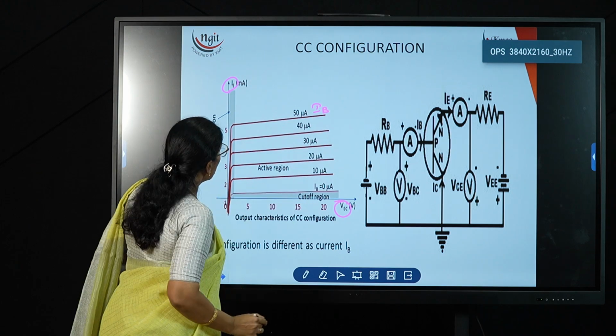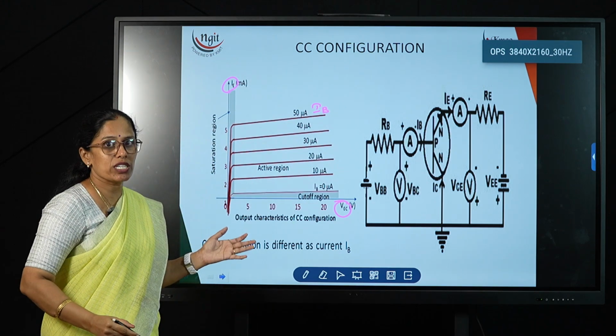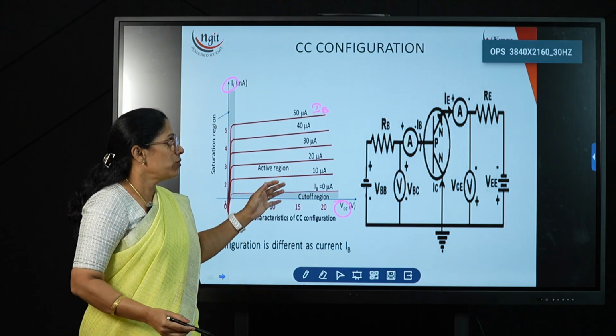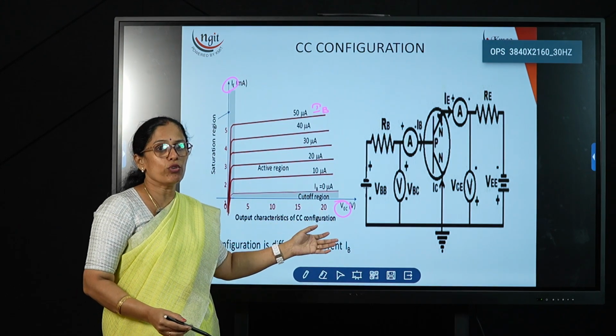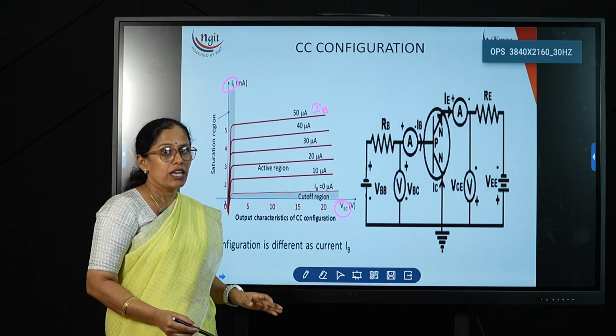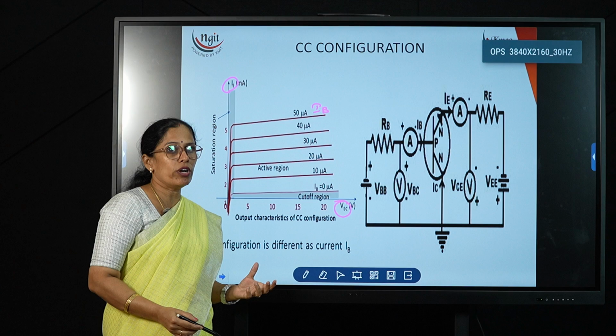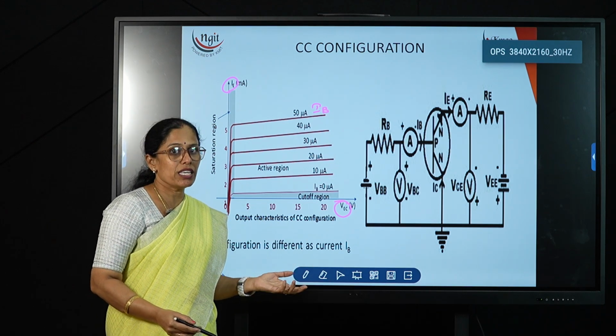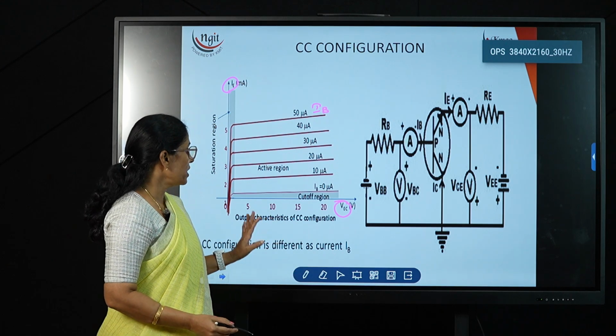Now if you see the graph, it is almost the same as the CE configuration. So that's why this CC circuit we don't use practically, because the output characteristics are the same as CE, and by connecting the load at the emitter we can obtain the CC amplifier. So this is only for theoretical analysis.